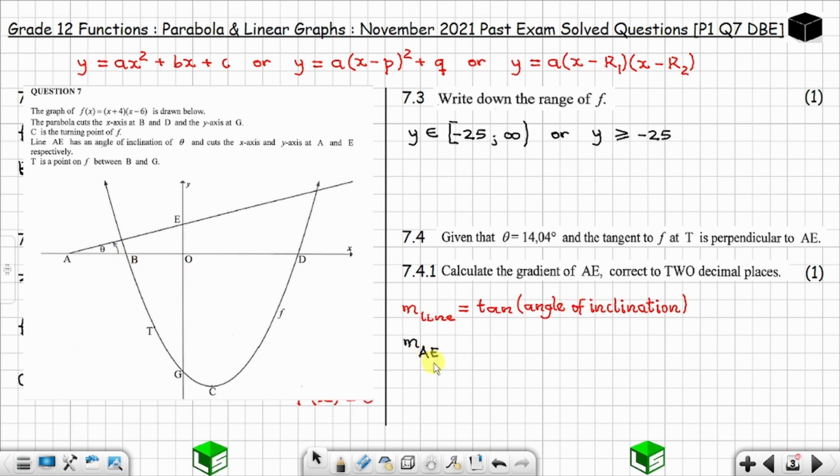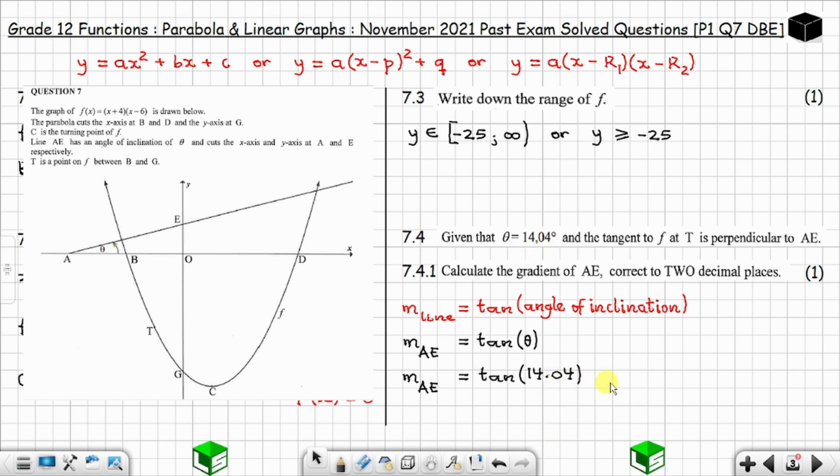So the gradient of the line AE, you can see the line is AE, let's call it by the name AE, right? And this is equal to tan of what? Theta. Theta is the angle of inclination, okay? And so the gradient of that line is equal to the tangent of what? 14,04. You are given the value of the angle of inclination, 14,04 degrees, okay?